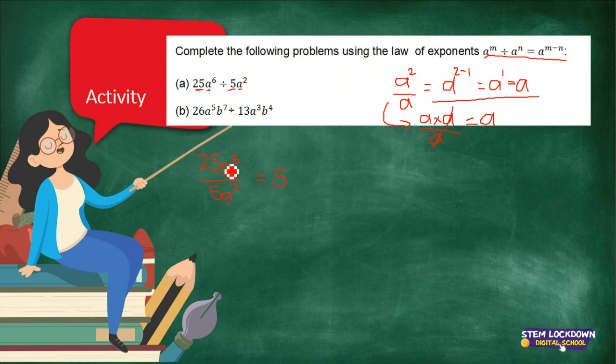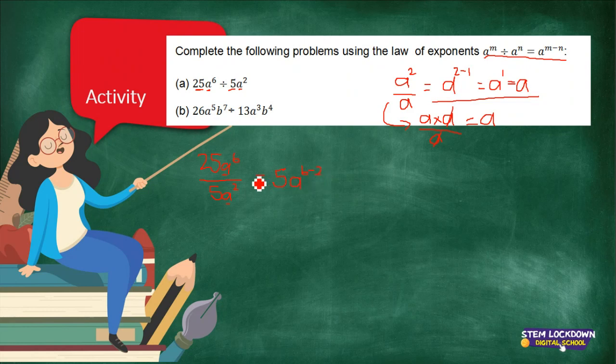So 25 divided by 5 is 5, right? And then we are dividing the a's. So in this case, because I'm using the rule, I'll say a. Because I'm dividing, what do I do to the powers according to the rule? If I'm dividing, the powers must be subtracted from one another. So I'll have 6 subtract 2 according to the rule.